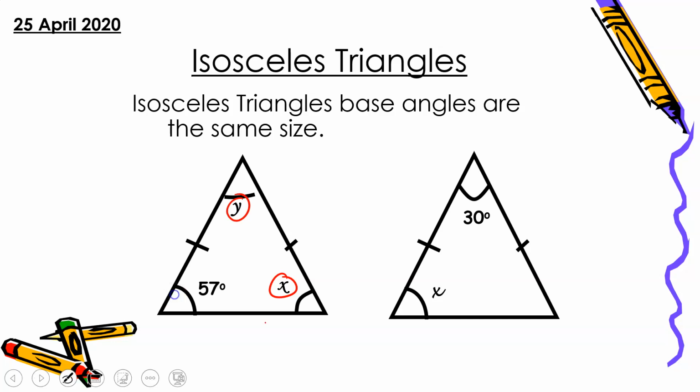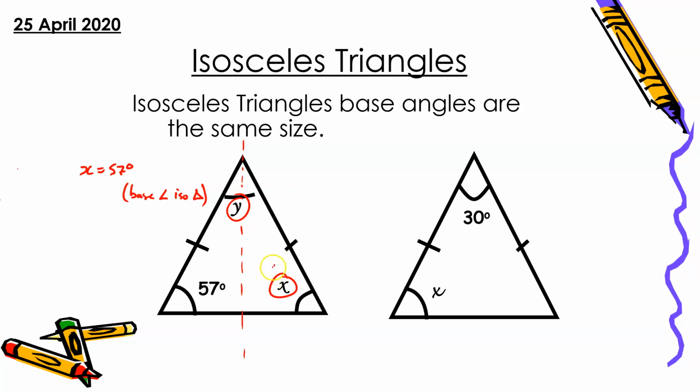We've said previously that because there's a line of symmetry in an isosceles triangle, the base angles, 57 and x, must be the same. So x must be equal to 57 degrees, and the reason for that is base angles of an isosceles triangle. Remember, we should always try to give reasons. Notice the shorthand: rather than writing triangle, I'm drawing a triangle, and rather than writing angle, I draw an angle.